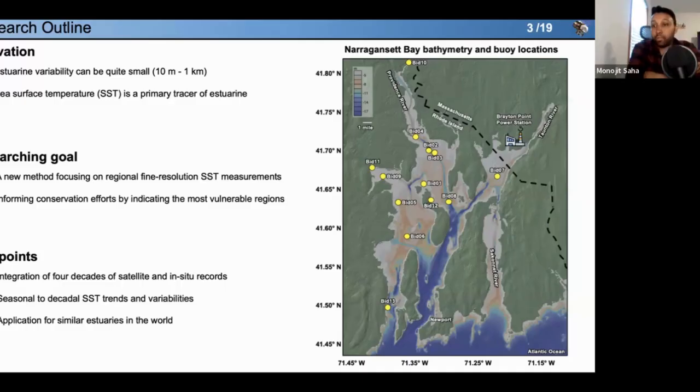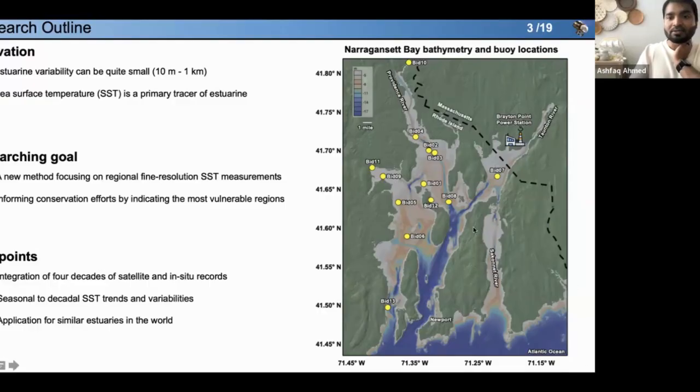So this kind of study has more applications in a global context as well. Absolutely. So for a second, forget that this is Narragansett Bay. Think this is Bhola in the south, and in the north, say this is Mymensingh. There's some similarity actually.